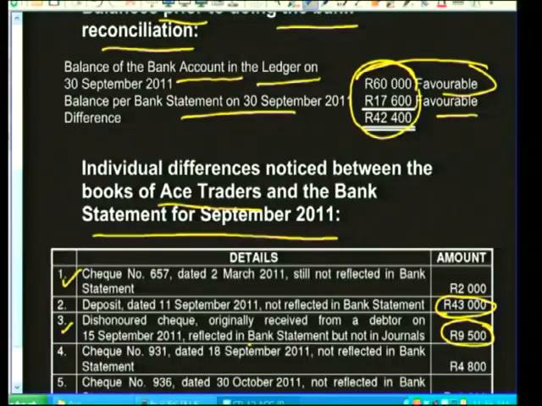This check is appearing in the bank statement. Yes, it's there, but it's not in our journals. Okay? So, this was a check that we received from a debtor, and it's now subsequently being dishonored. Okay, we now have to enter that in terms of our bank balance. Let's go and do that.